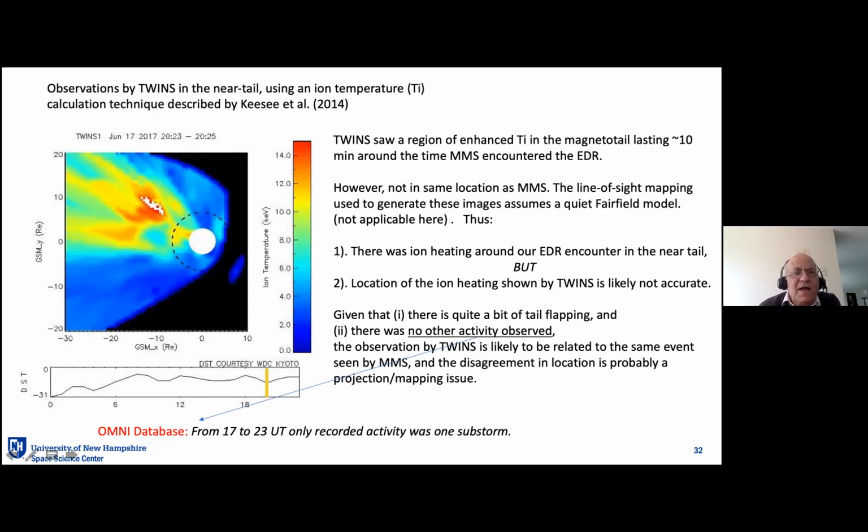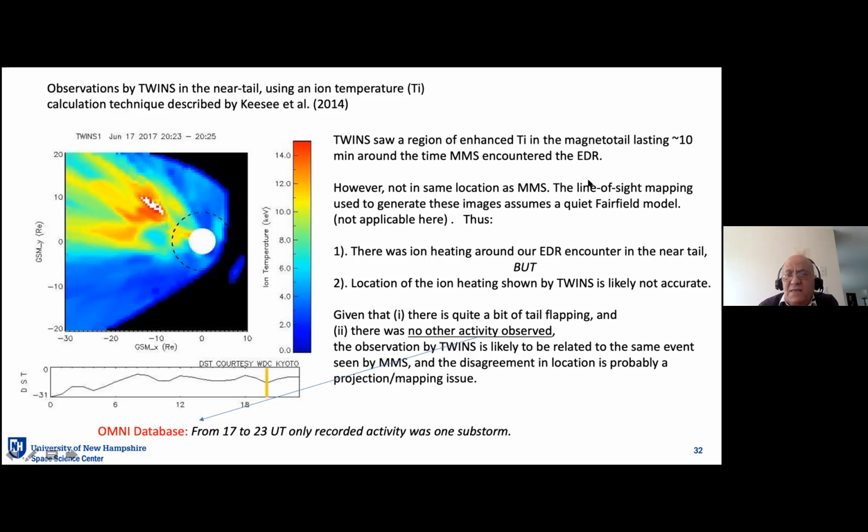Now, there is a very interesting picture of the tail taken by TWINS in the near tail region, which shows heating of the ions around the time that MMS encountered the EDR. However, while the heating is very clear, it is not at the same location as MMS. That's a bit bad, of course.